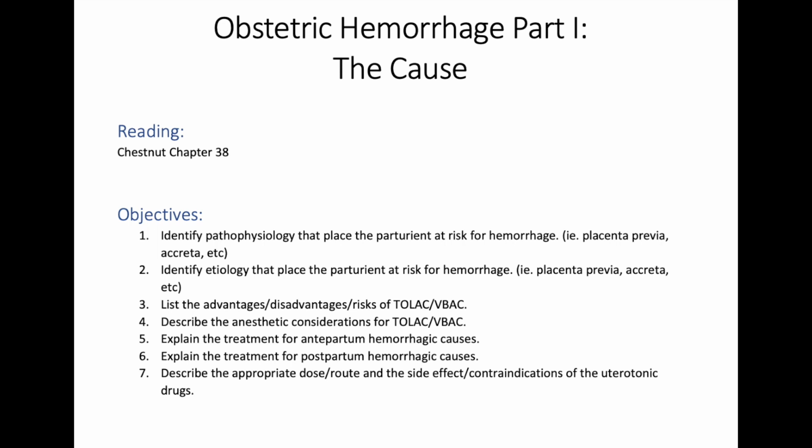But the triad of symptoms that kind of coincide with placental abruption is vaginal bleeding, uterine tenderness, I really would call that uterine pain, as well as increased uterine activity. And that's how we differentiate a placental abruption from a placenta previa, is previa is not associated with pain, but an abruption will be.